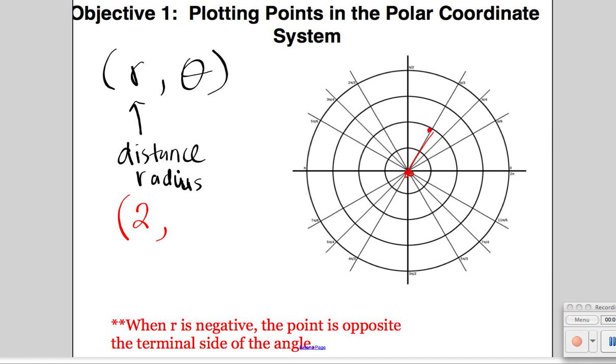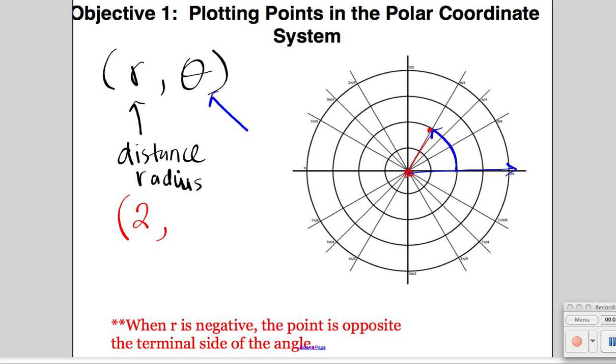Now the second value of my polar coordinates is what we call theta. And theta is an angle, which is why we're using theta. It's kind of a hard thing to describe, but it's the angle from the polar axis to the line segment touching that point. This is the polar axis, just like we've used all year to talk about graphing sine and cosine and finding things on the unit circle.